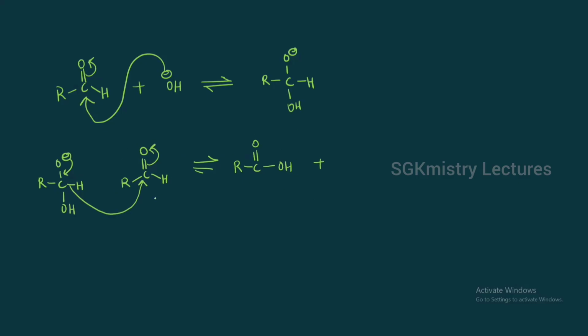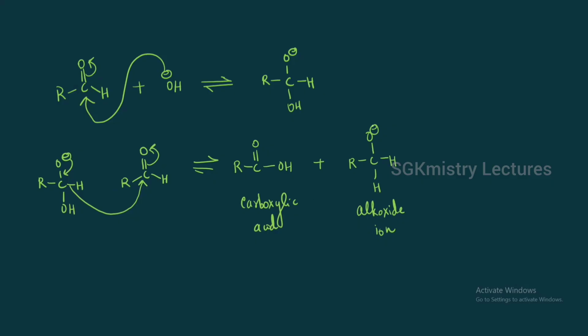What is the other species that we get? So here R, C, this becomes O minus, and here there is H. Now this H also has attacked here, right? Now, here we have got the alkoxide ion, and we've got the carboxylic acid. But the products of the Cannizzaro reaction are the sodium salt of the carboxylic acid and the alcohol.